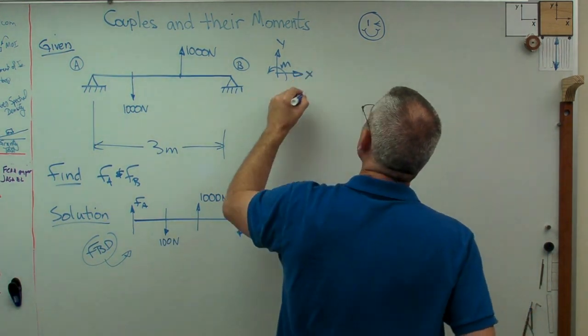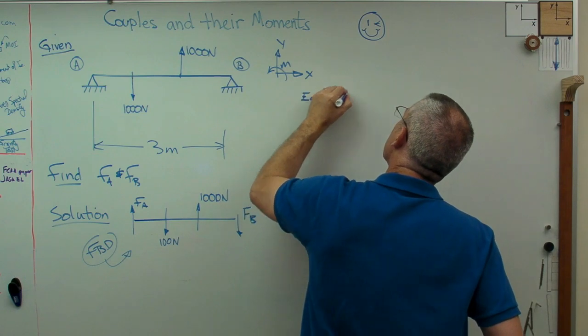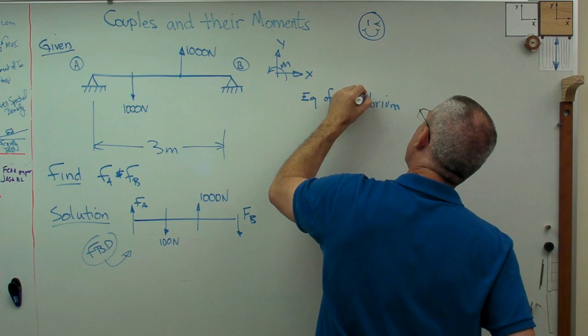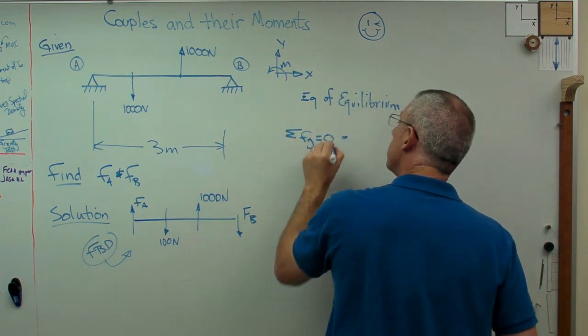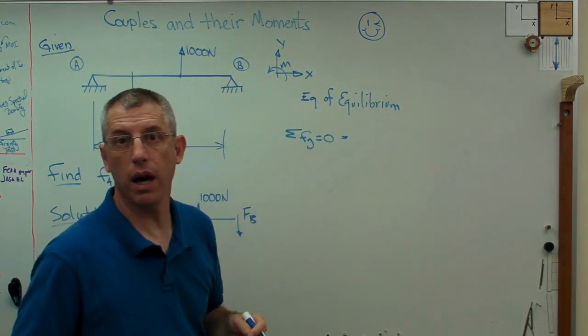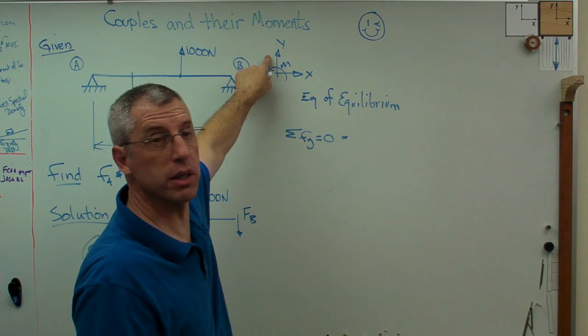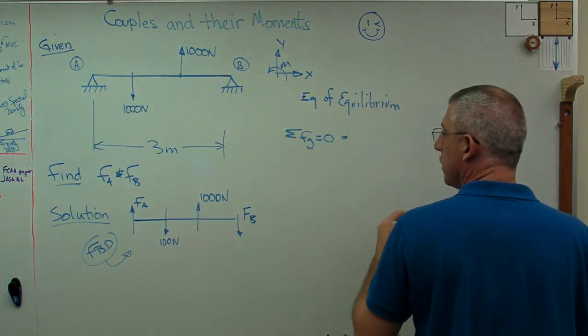So let's do the first of the equations of equilibrium. Okay, got it. Now I'm in business. Sum of the forces in the y direction equals 0. So what's that mean? Well, anything up is positive, anything down is negative, because that's what my sign convention says. So let's just go from left to right and let's just do what the math says to do.